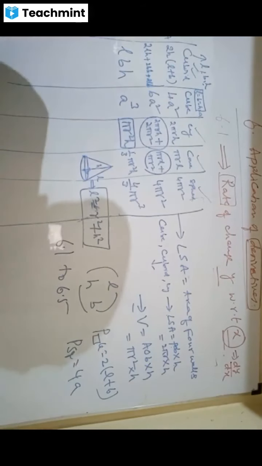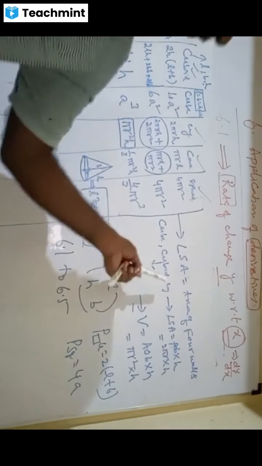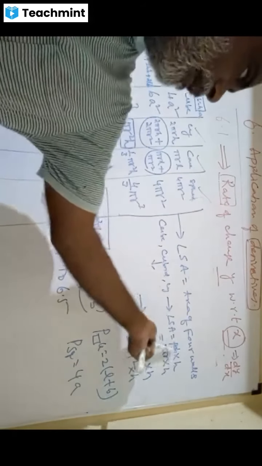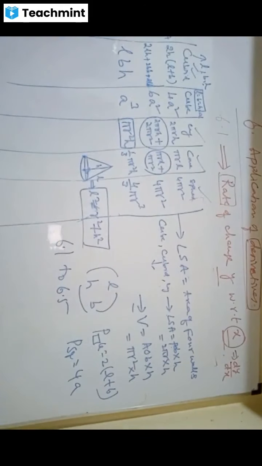I hope it is clear. Take it down here. See, you require this. You require this. This also you take it. LSA is perimeter of base into H and volume is area of base into H. Siddharth knows it.